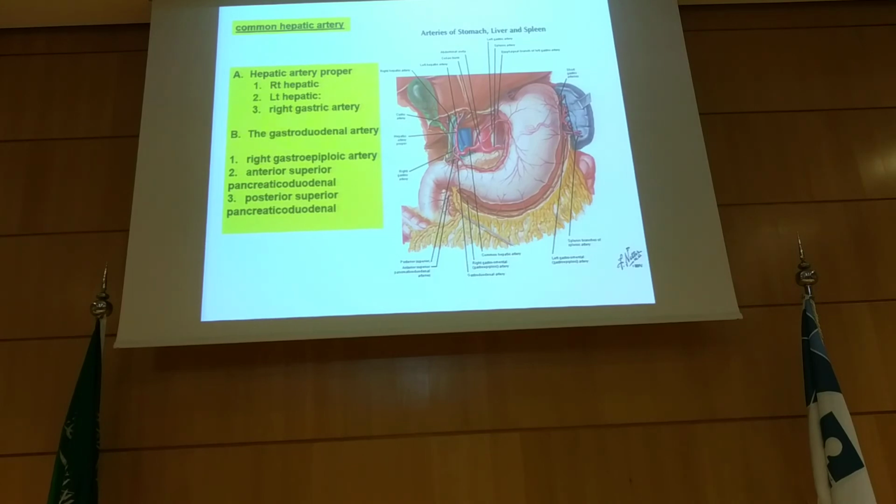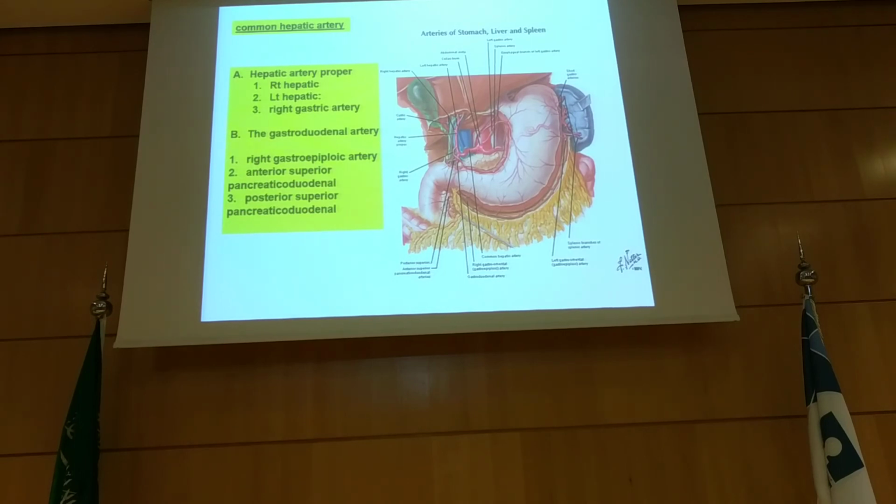Clear? So the celiac trunk will supply the foregut. When we say foregut, it is the lower part of the esophagus, the stomach, and the upper half of the duodenum. Now, it has three branches: left gastric, for the lesser curvature; splenic, that will give us short gastric and left gastroepiploic; and common hepatic.